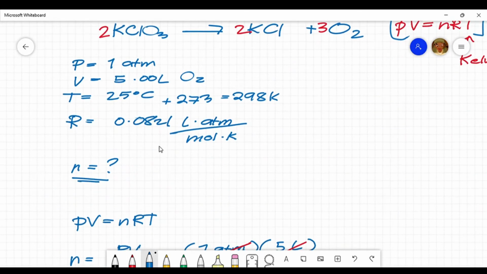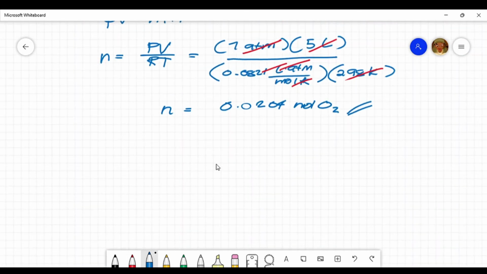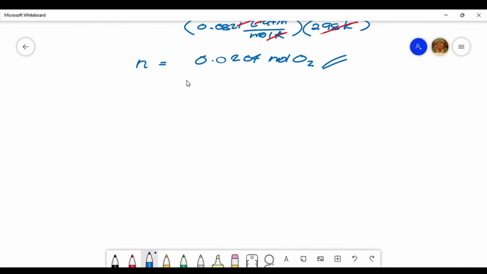This is just the first step. Now we have the n here. Let's proceed to step 4, where we use stoichiometry to convert from moles of O2 to grams of KClO3. So we use the value we got from step 3.